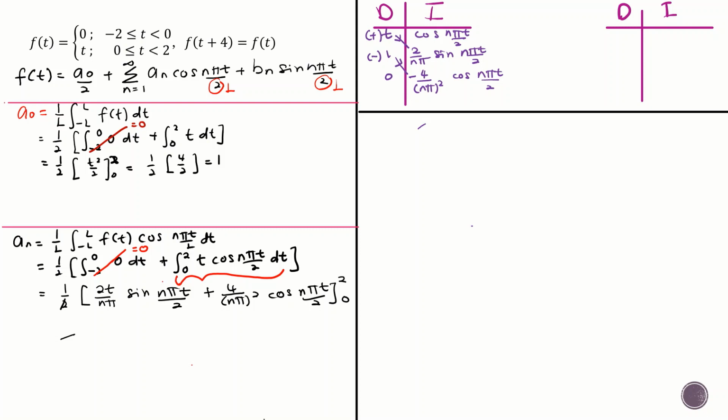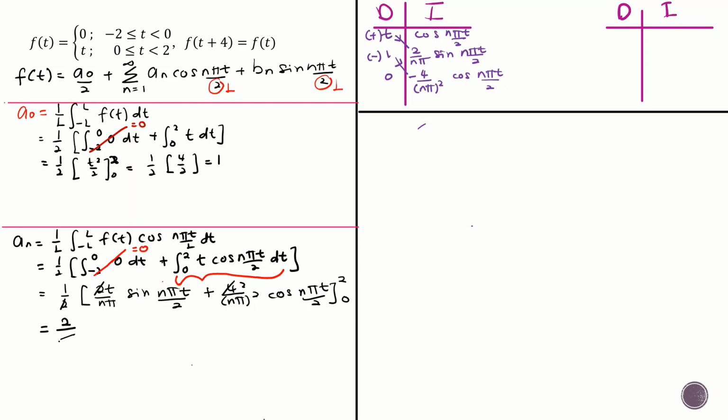Then I can just simply cancel this out. This becomes 1 and this becomes 2. So it means that you don't have to multiply by 1 over 2 when we go to the next step. Okay, then we're going to substitute t equals 2.